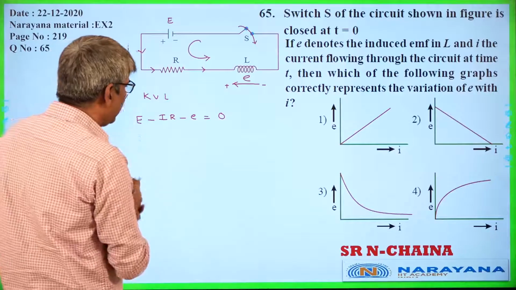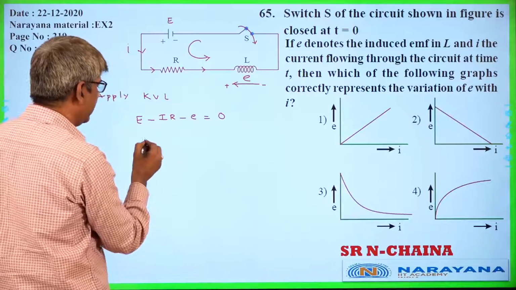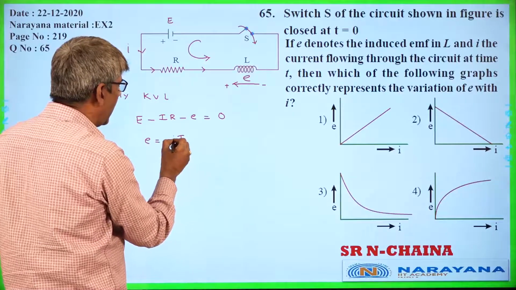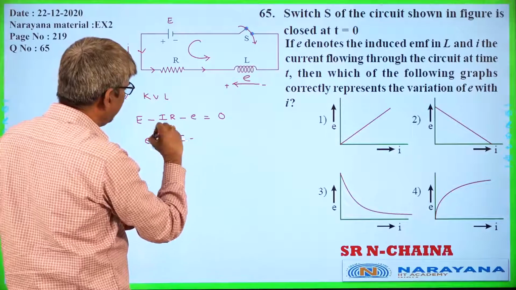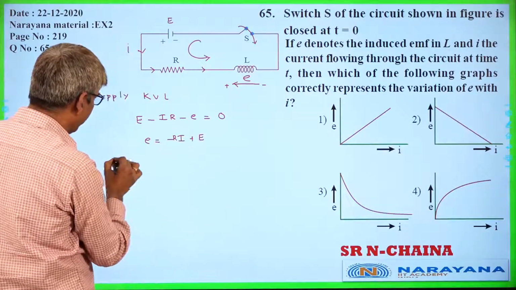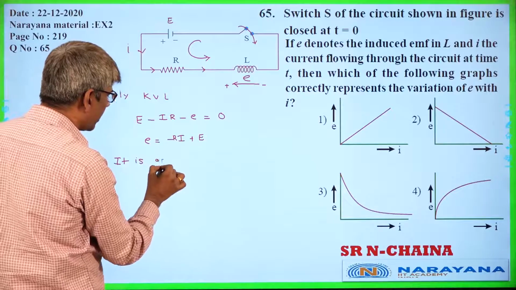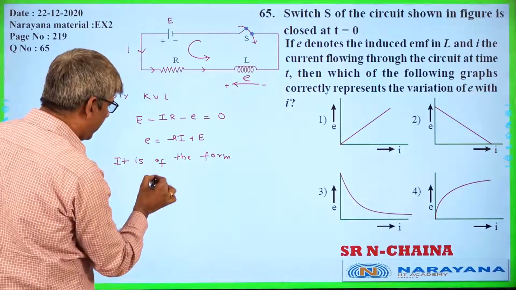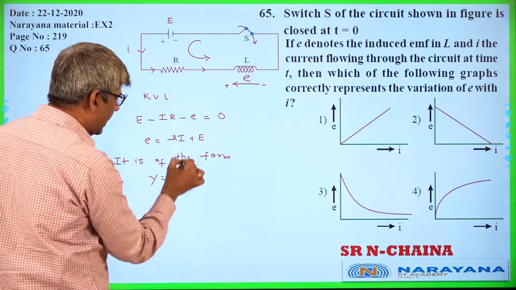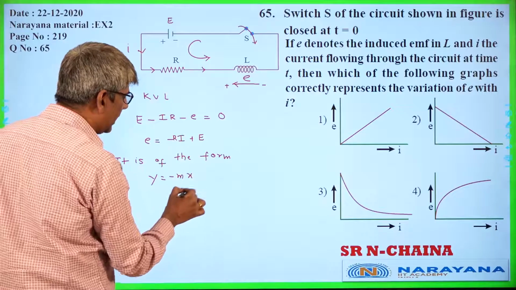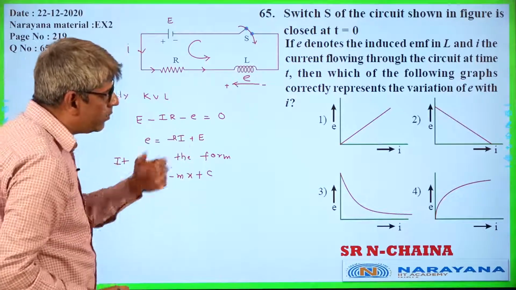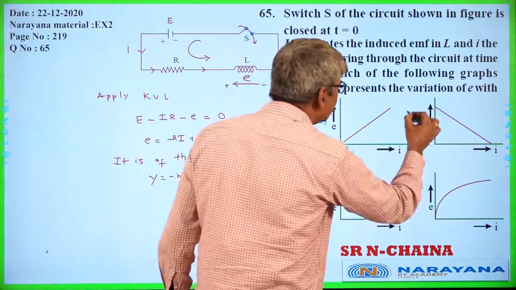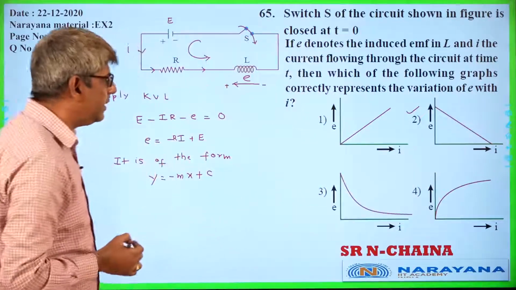That's why we move this e to the right side and rearrange. e is equal to E minus iR, so it is of the form y equals minus mx plus c, with EMF on the y-axis and current on the x-axis. Among the four graphs, the one with a positive intercept and negative slope, the second one, is the correct answer.